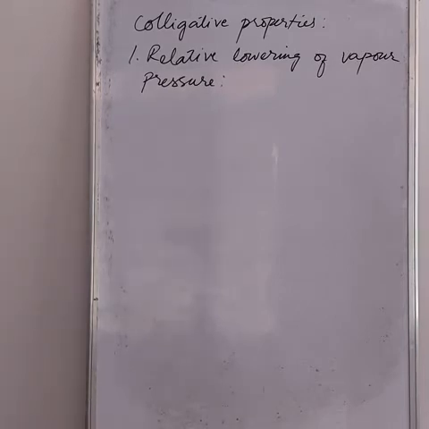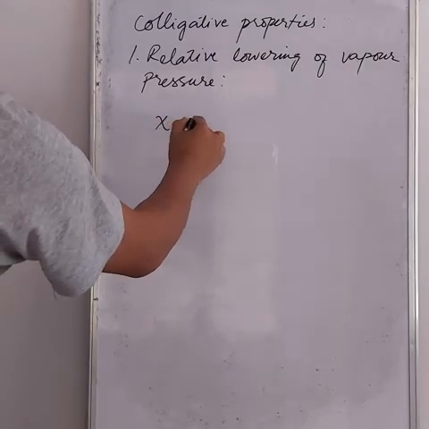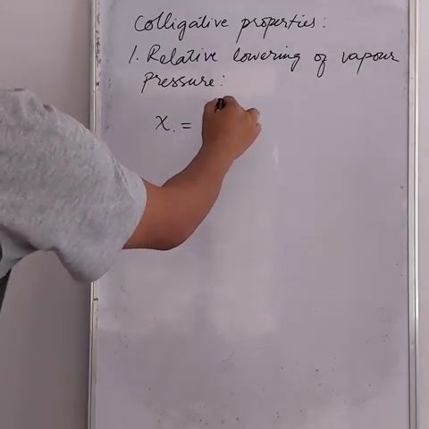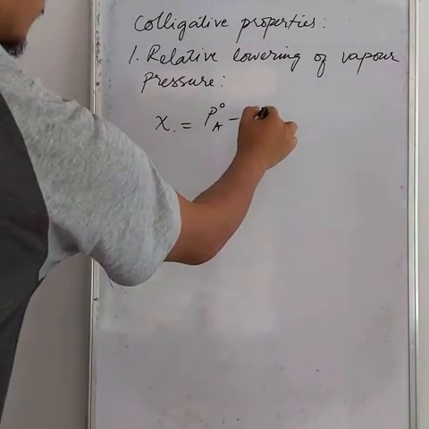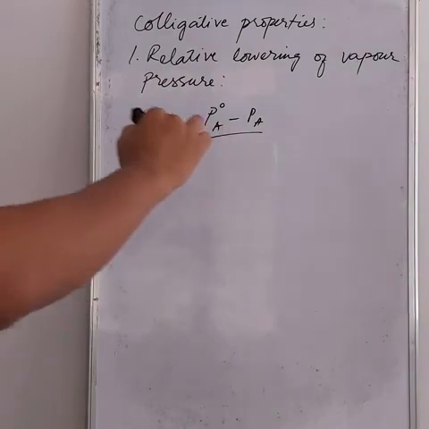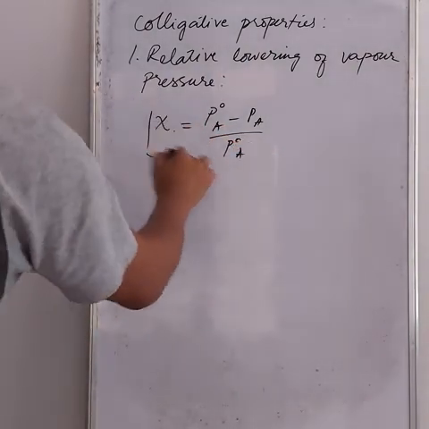So mathematically, the relative lowering of vapor pressure is equal to the mole fraction of the solute: P naught A minus PA over P naught A. So that's our mathematical expression.